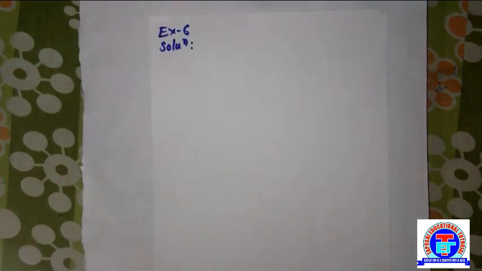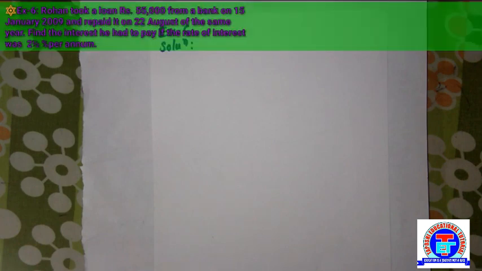Now dear student, here we discuss another example, number 6. Here Rohan took a loan of rupees 55,000 from a bank on 15 January 2009 and repaid it on 22 August of the same year, right?